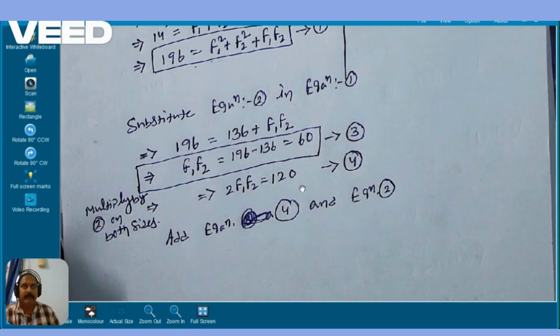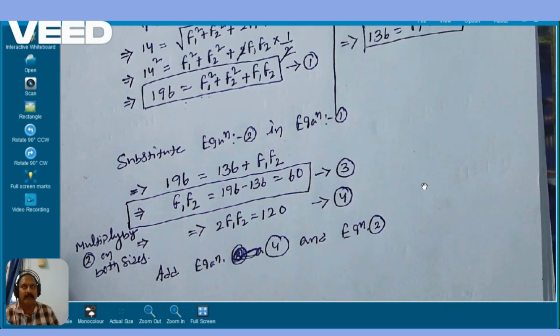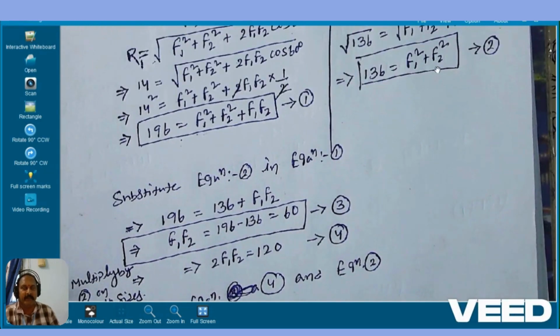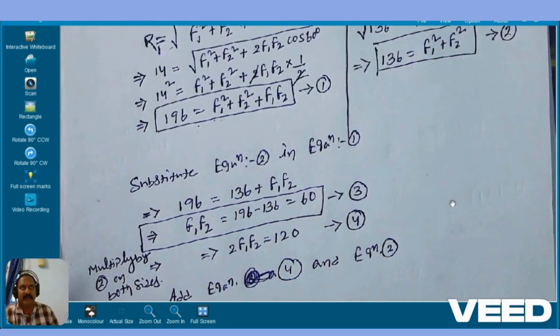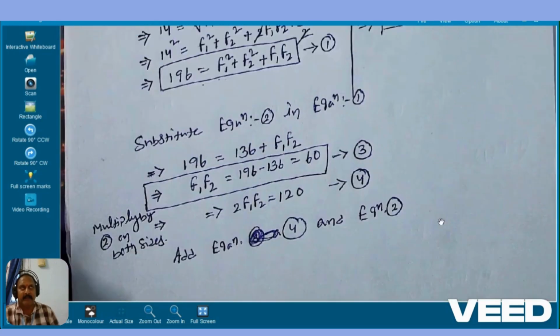Clear? So why we are doing this? Equation 4, you can see, is 2f1 f2 is equal to 120, and equation 2 is f1 square plus f2 square is equal to 136. If you add these two, we'll get it in the format of a plus b whole square.